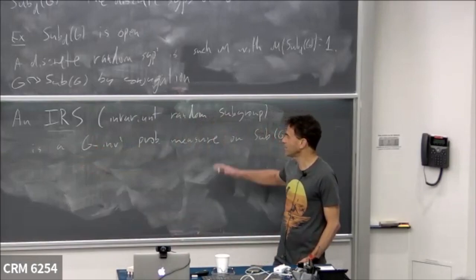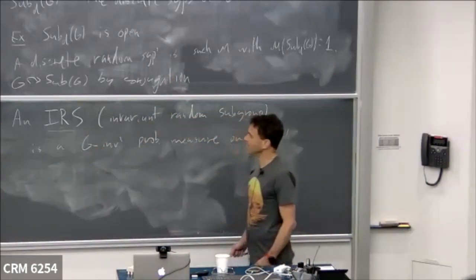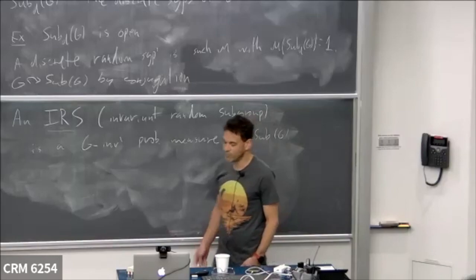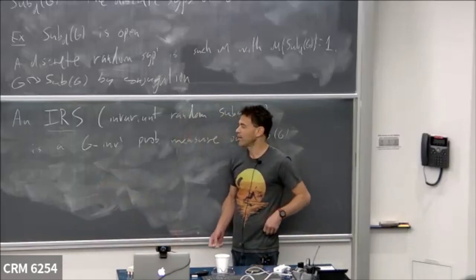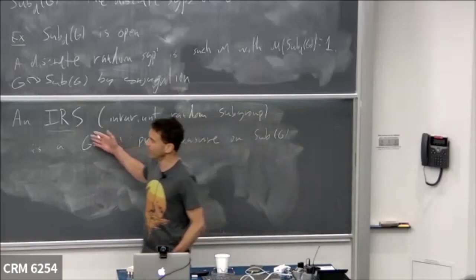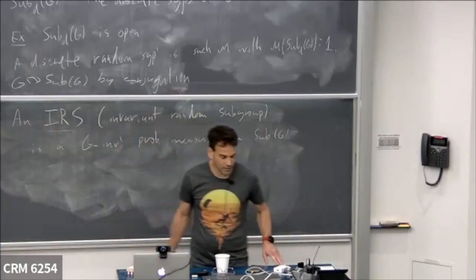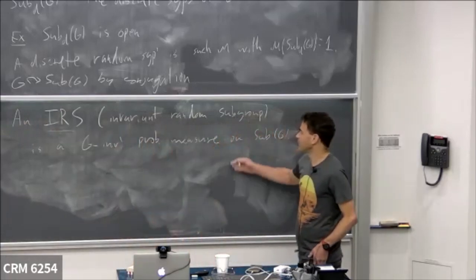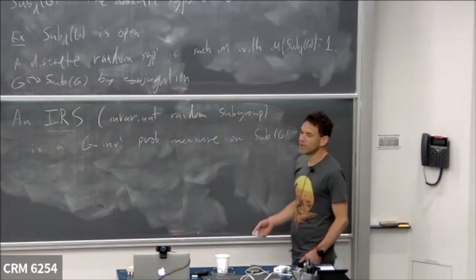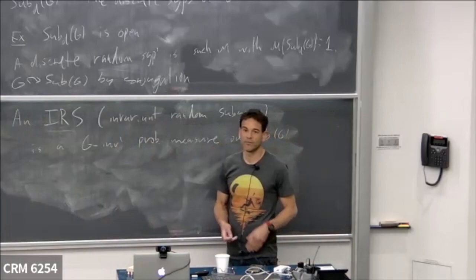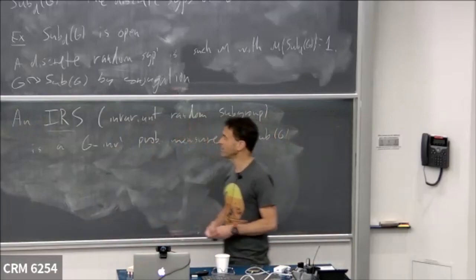In the first two talks, today and tomorrow, I will concentrate on IRSs, but only in the setup of simple and semi-simple groups, because this is what I mostly care about. And in the last talk, we'll discuss non-invariant random subgroups, a notion that was less investigated.